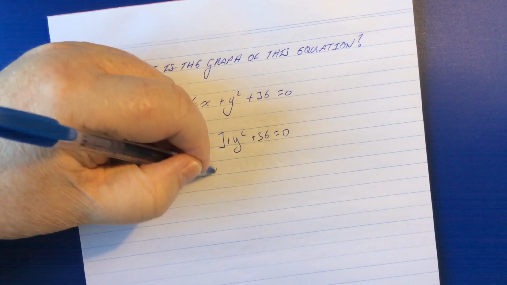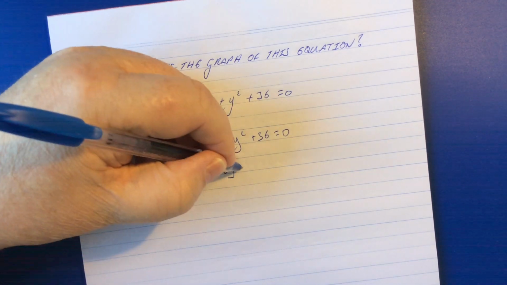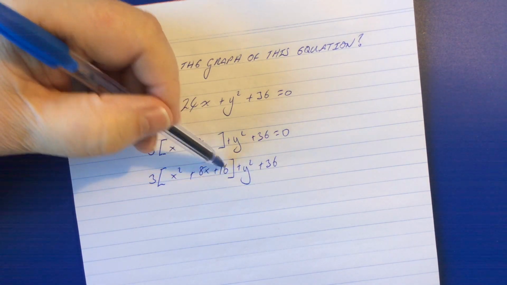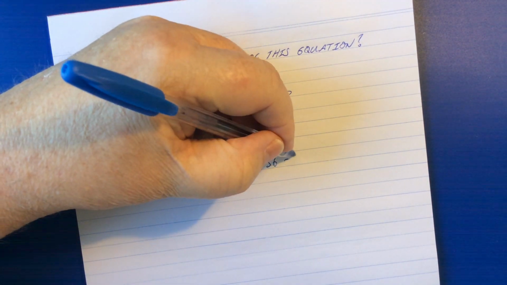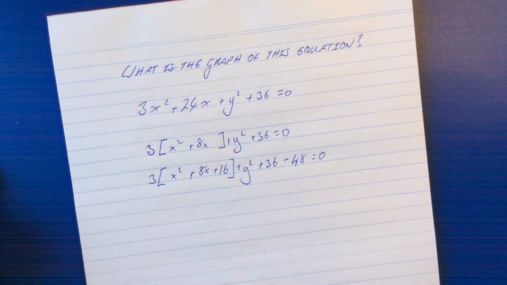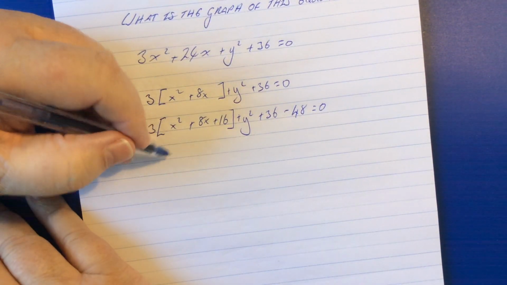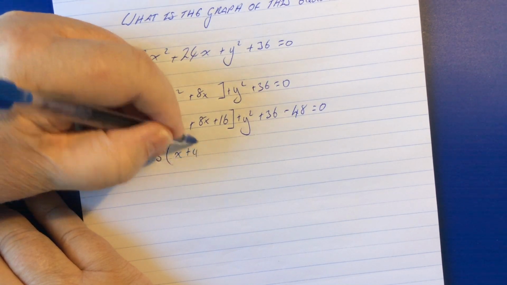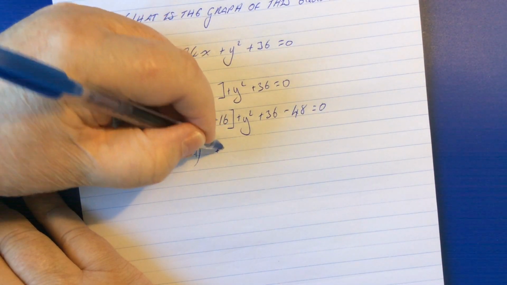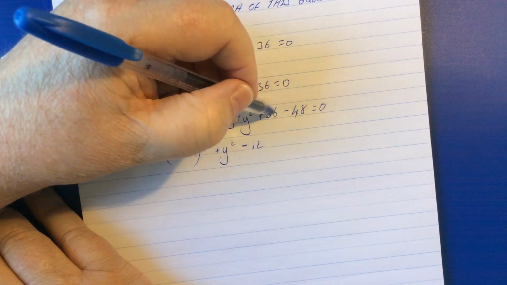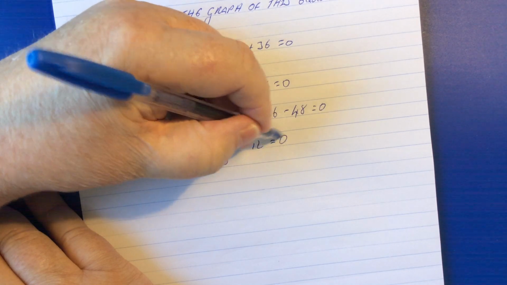Half of 8 is 4, plus 16, y squared plus 36. 16 threes are 48, so I'm going to subtract 48 from the end of the equation just to keep everything in balance. And when I tidy this up, I get 3 into x plus 4 all squared plus y squared minus 12, that's 36 minus 48, equals 0.